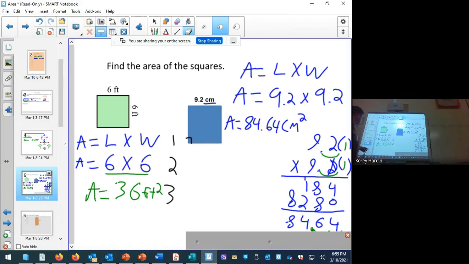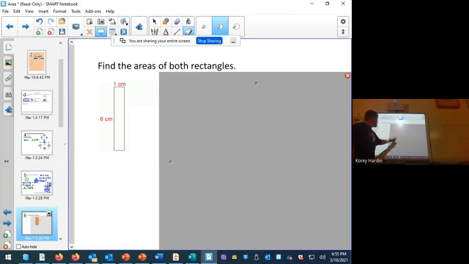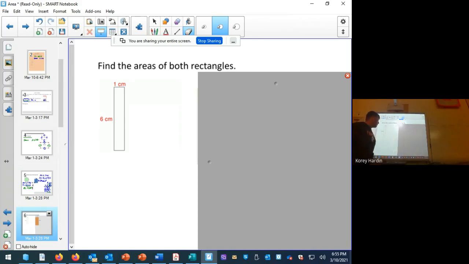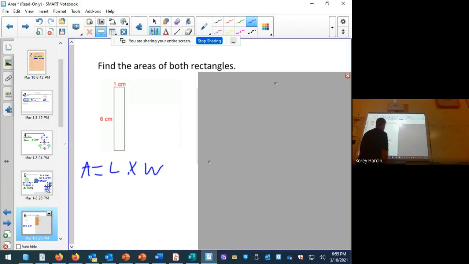All right. So let's go down to the rectangles. Okay. Look at your first rectangle. It's the same thing, same formula. So area equals length times width. It's centimeters. It does not matter which you do first, you can do the length or the width first.